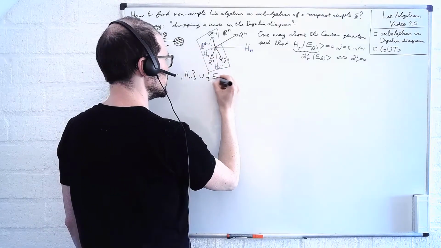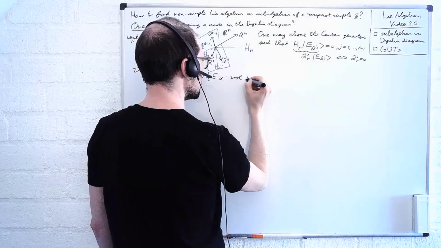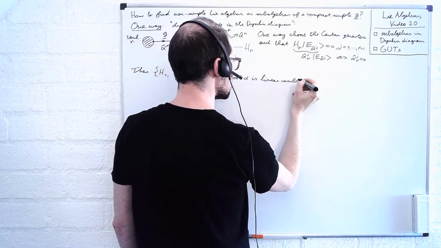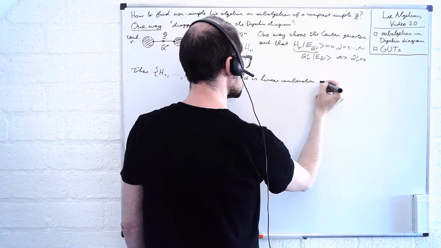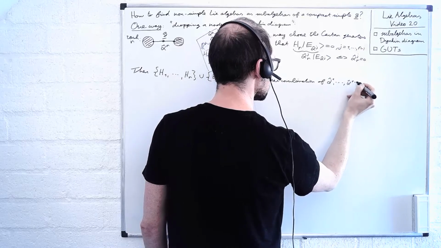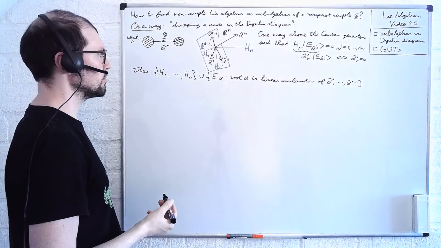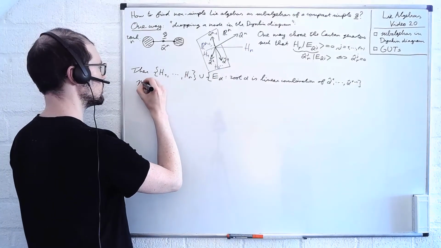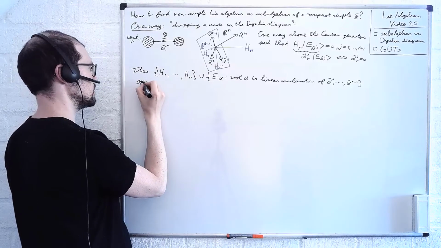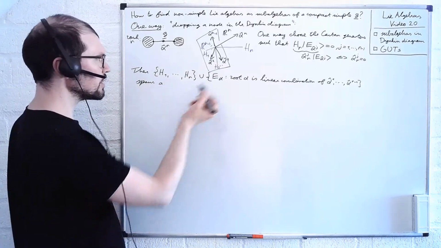So together with E alpha, where the root alpha is a linear combination of alpha 1 up to alpha r-1, this spans a subalgebra.